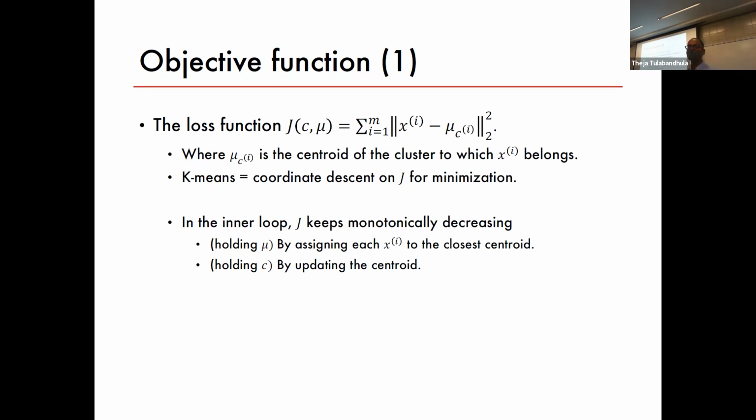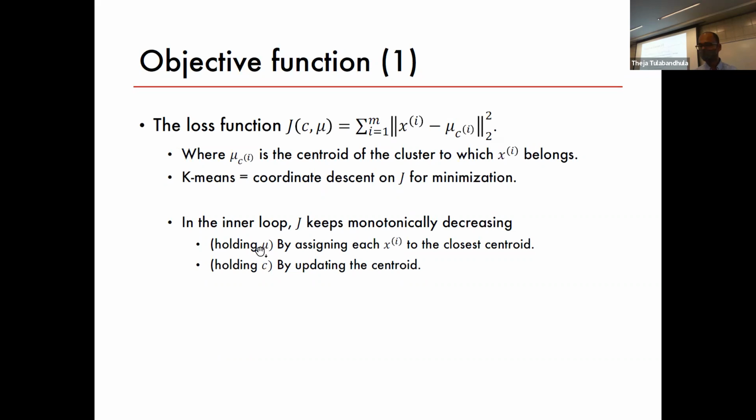It's a general technique. Whenever you have an objective of two variables, or more, you can always do alternating minimization. You can hold one variable fixed and optimize the second one, and then, given the second variable fixed, optimize the first one. Or you can do alternating maximization as well, and so on. So what do we do here?